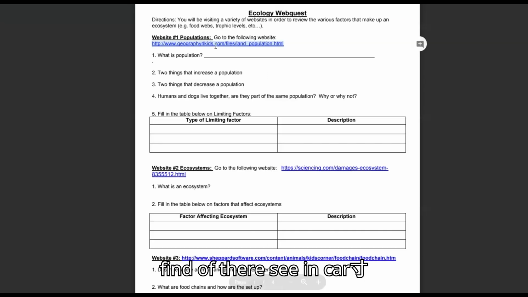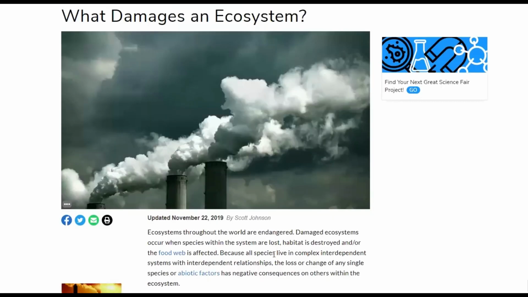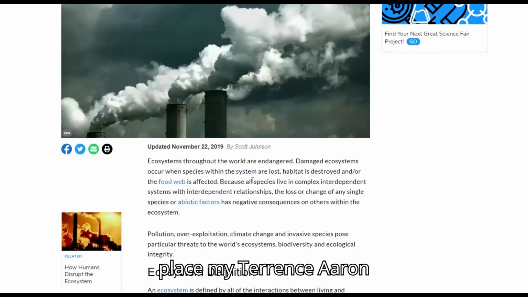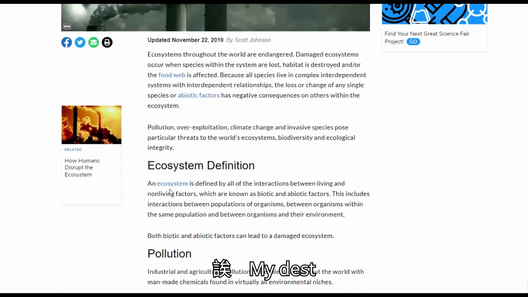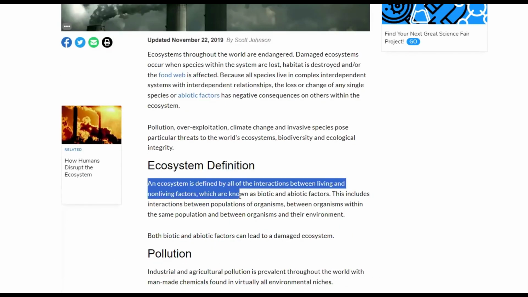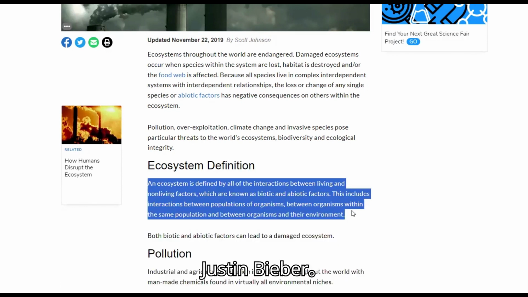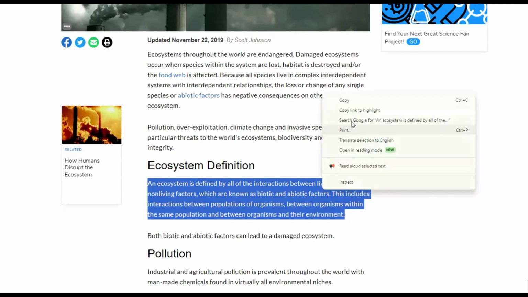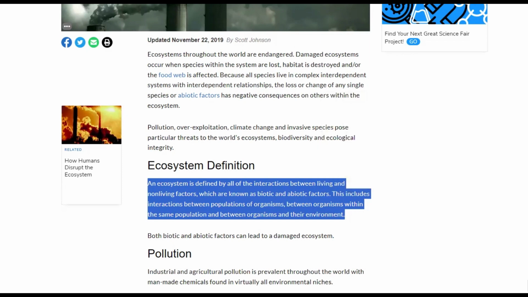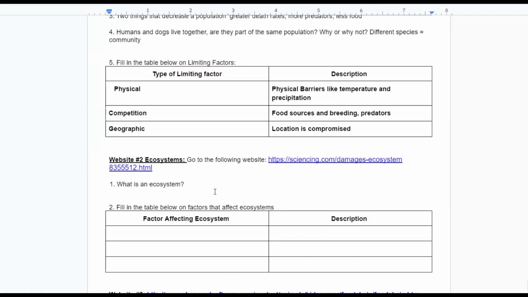So what is an ecosystem? Well, again, ecosystem ecology, it had it right here. I'm trying to find a way so you can copy and paste it. Definition, there it is right there. Just take the whole thing, copy it and paste it. But we're going to read it as well, so we're not going to just get away with that.